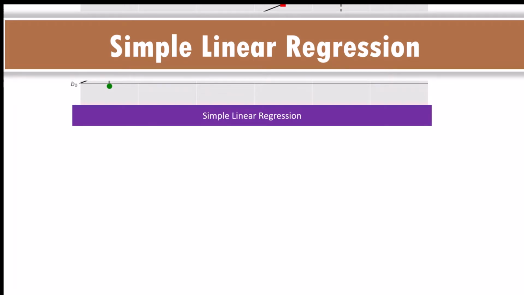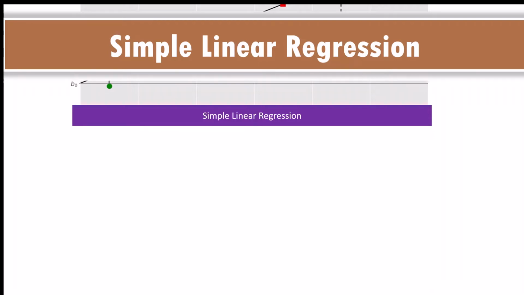Simple linear regression. In simple linear regression, we consider only one input variable to predict the value of the output variable. In our house price example, if we consider only the number of bedrooms to predict the house price, then the model we are using is called simple linear regression.